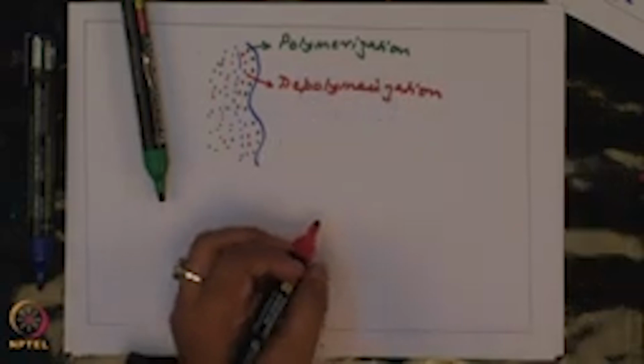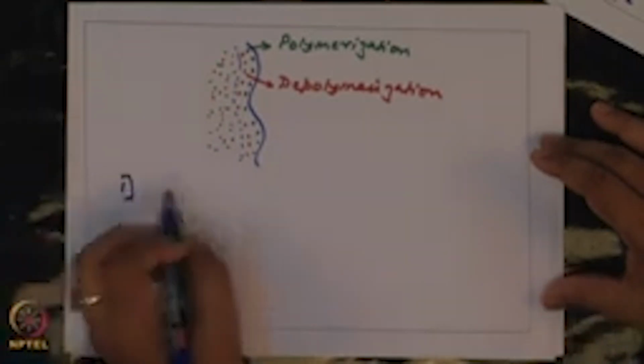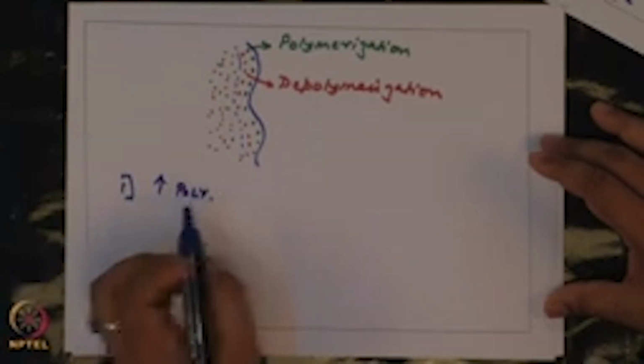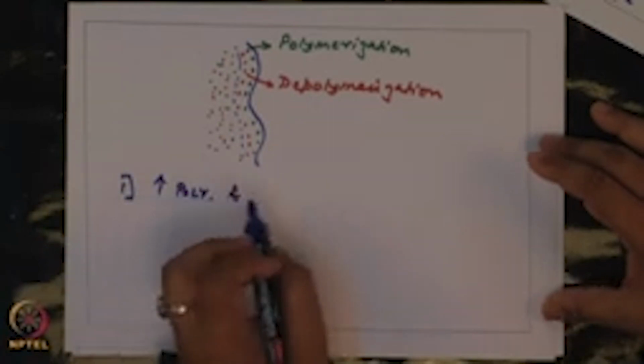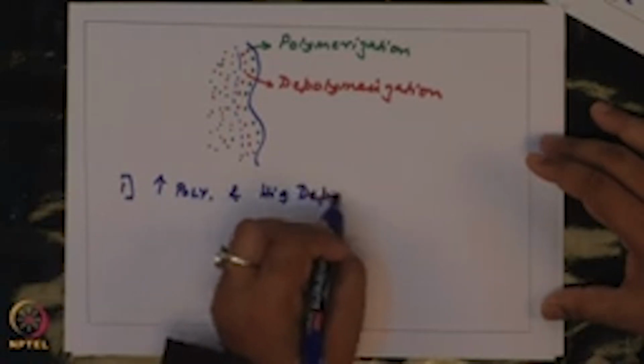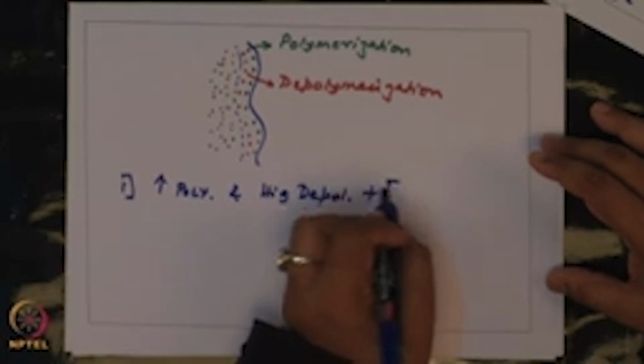So, in essence the first zone has high polymerization and high depolymerization, plus fast retrograde flow.